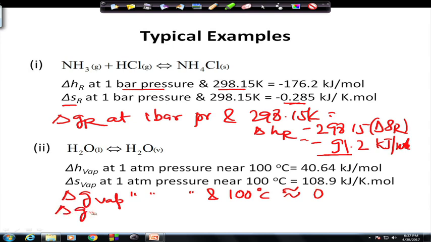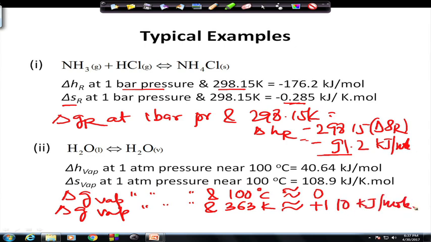Now, repeat the calculation for 1 atmosphere pressure and say 363 degree Kelvin or 90 degree centigrade. Just calculate it and you are going to find that it is going to be plus 1.10 kilojoules per mole. And suppose you calculate this for 383 degree Kelvin, what do you find?